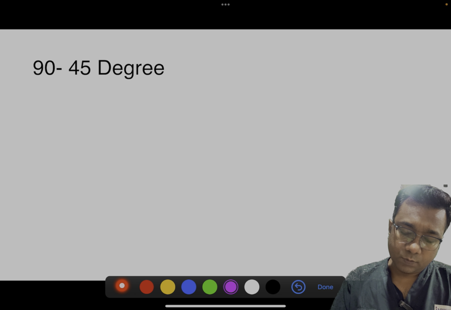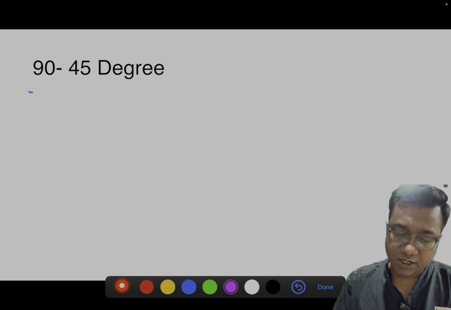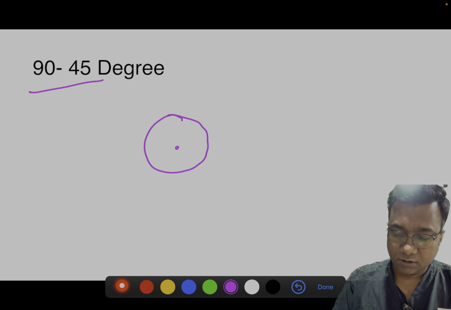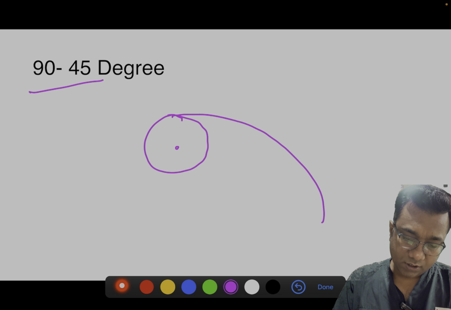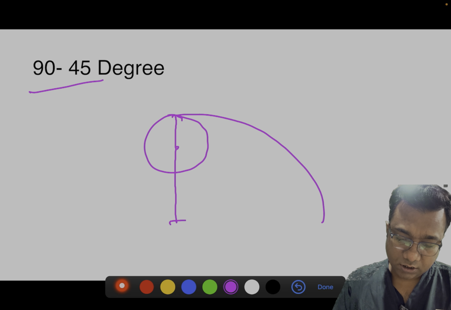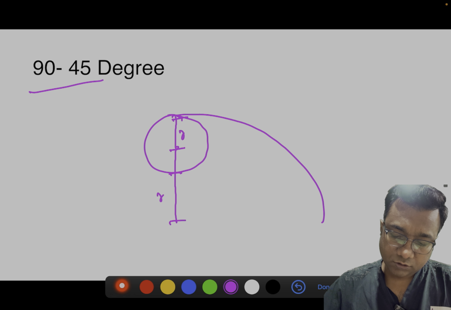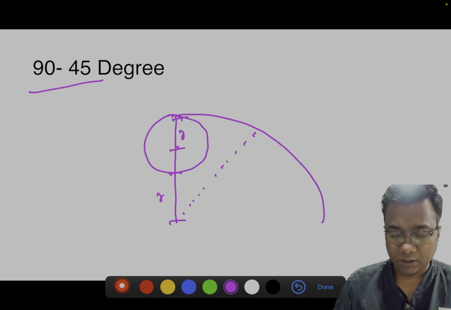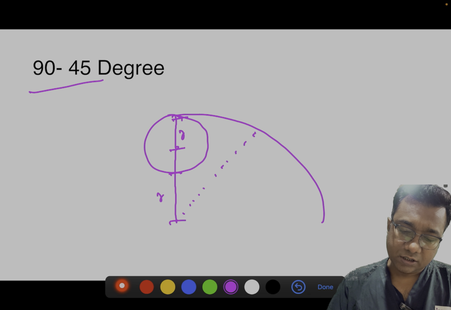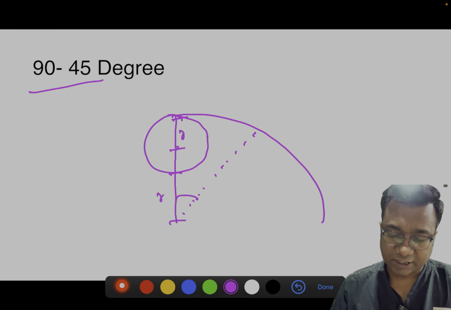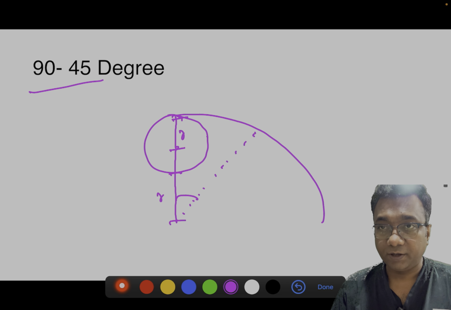Now the modification from 90 degrees. So this is the first one, this is the center, this is the outer circle, these are more or less the same. If this is R, then this is R. For the first lobe, initially this angulation was 90 degrees, and it was brought down to 45 degrees.